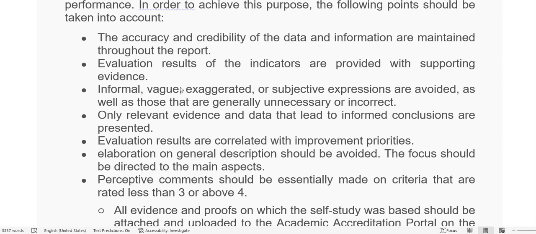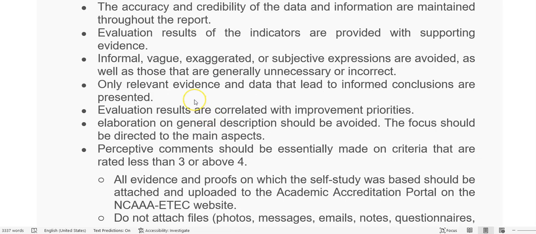Informal, vague, exaggerated or subjective expressions are avoided, as well as those that are generally unnecessary or incorrect. So try to avoid such expressions, whether they are general, not needed, your own opinion, or something not correct.